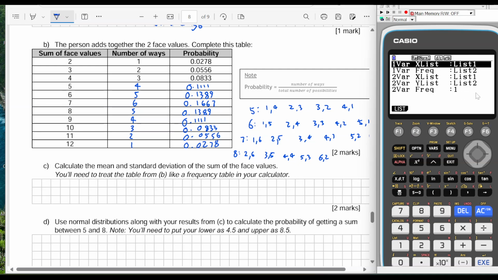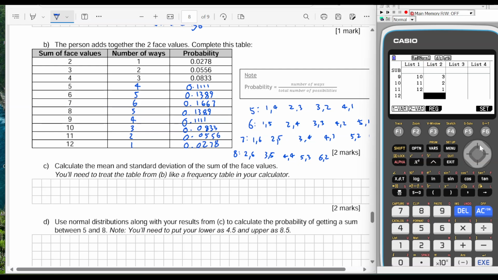So calc, you want to set it to a frequency list, one var stats. That will spit out a mean and standard deviation. If you want, you could also set the probability. So you go 1 out of 36, 2 out of 36. If you do that, you should also get that.